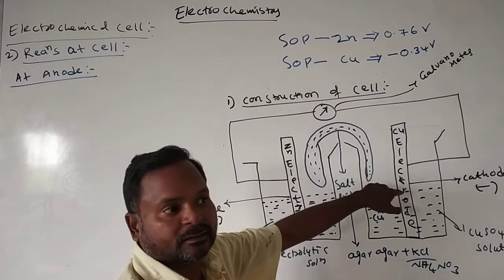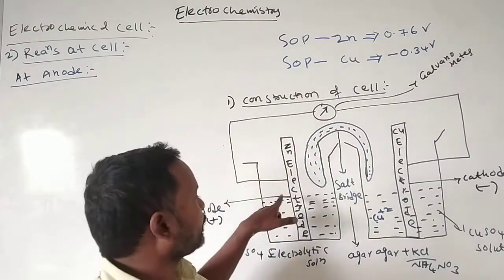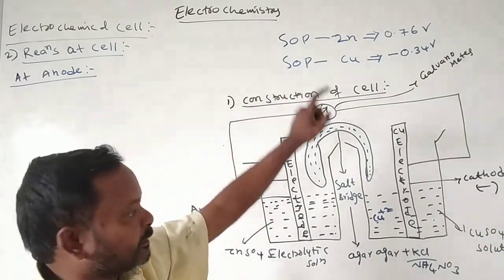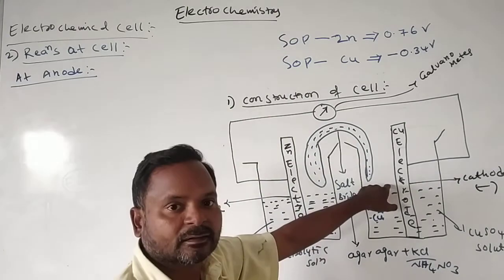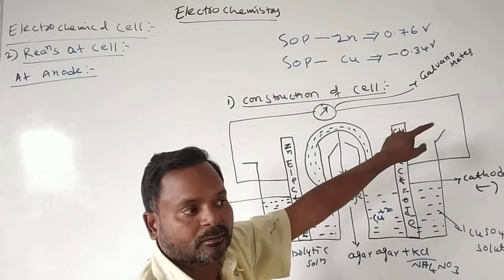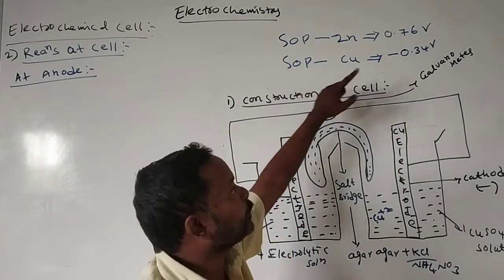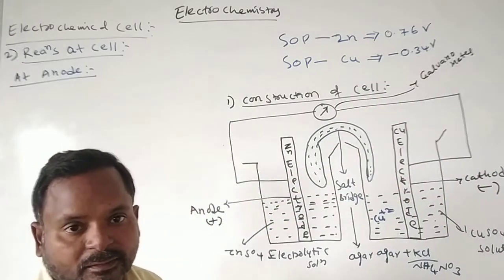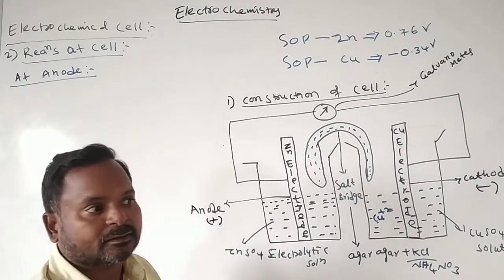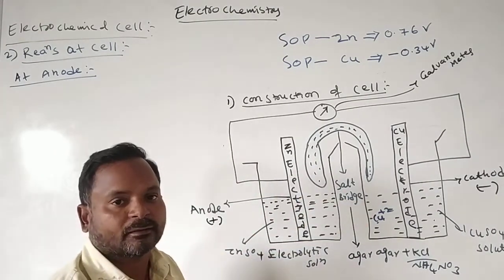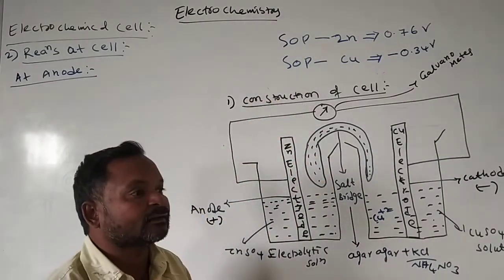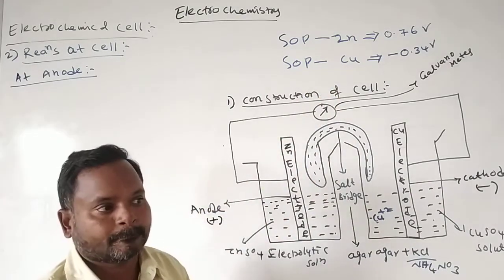This is the standard oxidation potential, meaning here our oxidation reaction takes place. So we took plus 0.76. Here reduction reaction takes place, so the SRP is plus 0.34. But here I am taking SOP, so minus 0.34 is taken. Zinc is more. Which has more standard oxidation potential? That only is involved in oxidation. Which has less oxidation potential? That is involved in reduction.